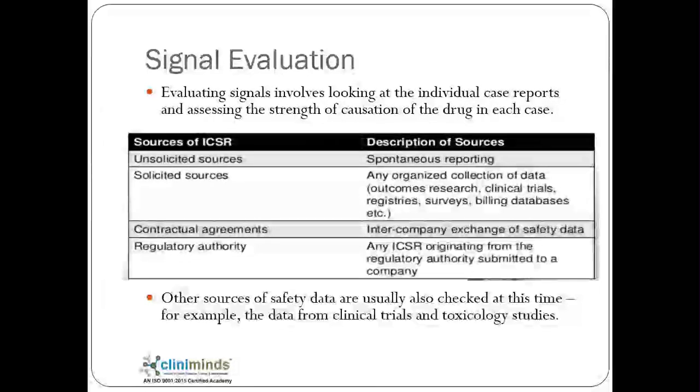The usual sources of ICSRs are unsolicited sources, which is spontaneous reporting. The solicited cases are any organized collection of data, the contractual agreements for intercompany exchange of safety data, and the regulatory authority sources, meaning any ICSR originating from the regulatory authority submitted to a company. Other sources of safety data are also usually checked at this point, for example, data from clinical trials and any toxicology studies being done.